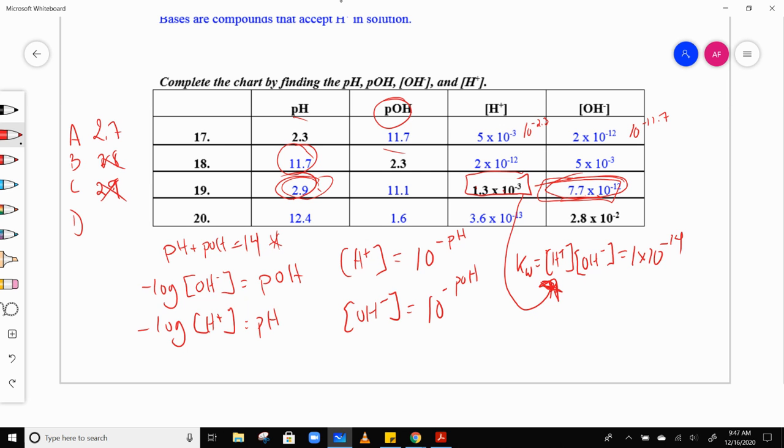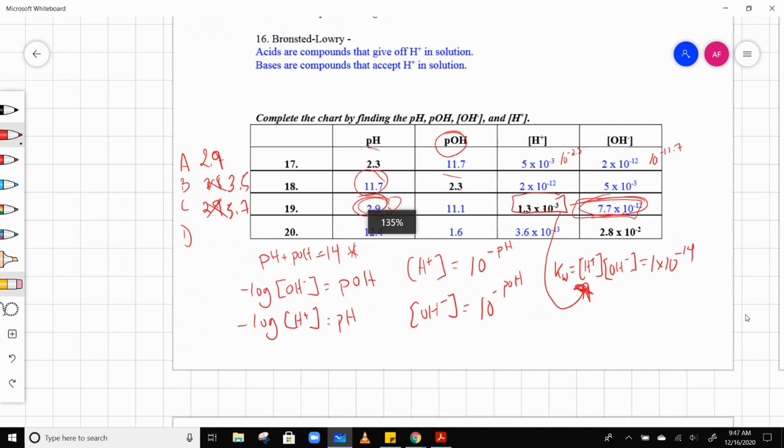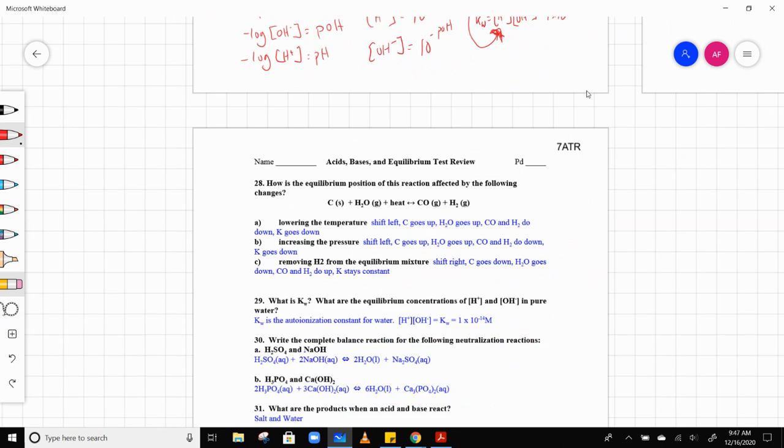I did something like 2.9, and then 3.5 and 5.7, so they're pretty far apart. Just pick the one that's closest to it. There's a little bit of rounding there, and sometimes the rounding can make your answers slightly different.